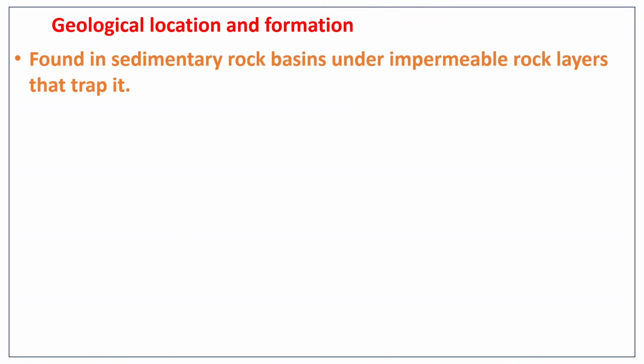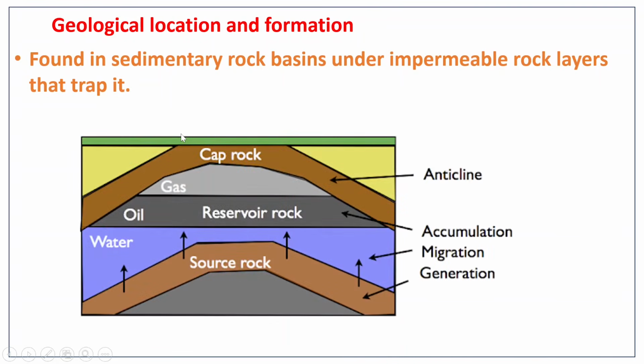Now let us look at the geological location and formation of crude oil. Where is crude oil actually found or formed? This crude oil is found in sedimentary rock basins under impermeable rock layers that trap it, as shown in this diagram. These are the rocks.